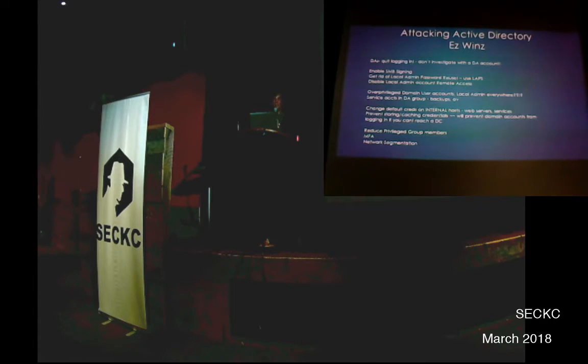It does break some older printers, I think, is the only thing I've heard from anyone that set that up. And then the service accounts in the DA group, we talked about a little bit, but there's backup accounts that think they need DA everywhere, or need to be part of the DA group, but you can set up specific groups so they only have rights to do what they need to do.